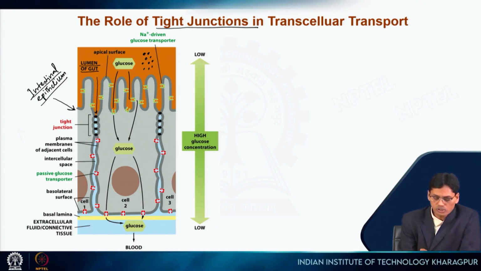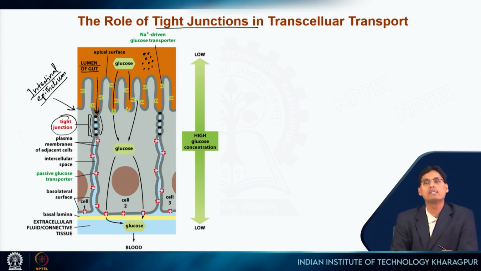In between two cells, we have some space. But this material present in the lumen should not enter in between cells. So that's why I would say tight junction is present. Tight junction somehow seals this portion. You can see here, they are sealing this portion, so nothing can enter directly in between two cells.